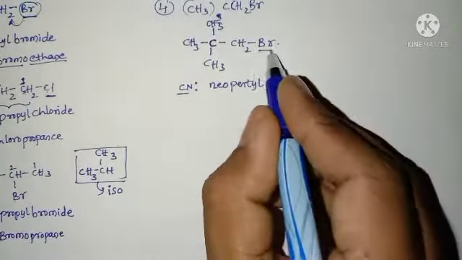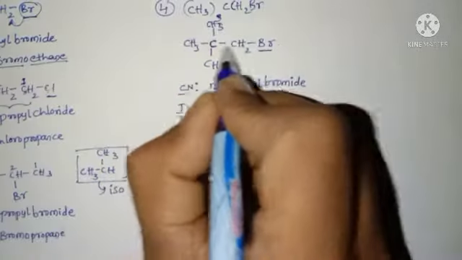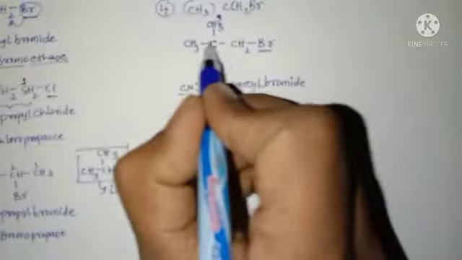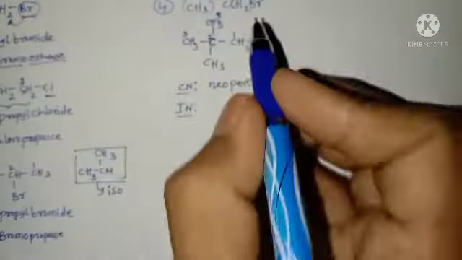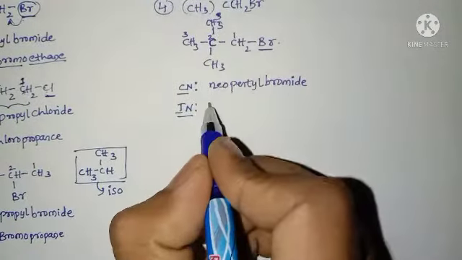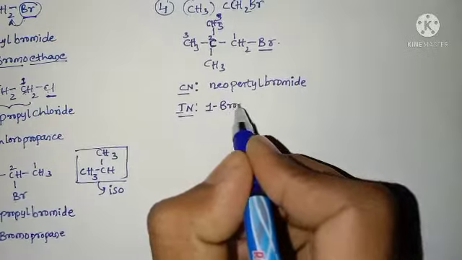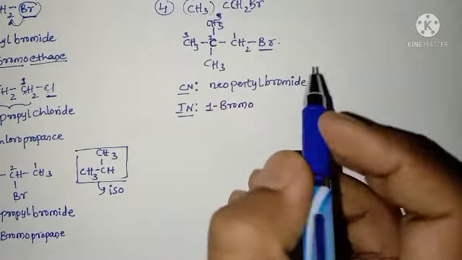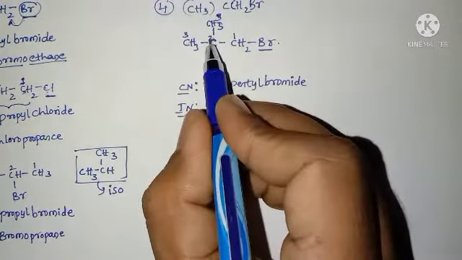And in the IUPAC name, we have to select the longest chain of the carbon atoms. The longest chain here is 1, 2 and 3. For the first carbon atom the halogen atom is attached, that is 1-bromo, and then for the second carbon atom 2 methyl groups are attached.